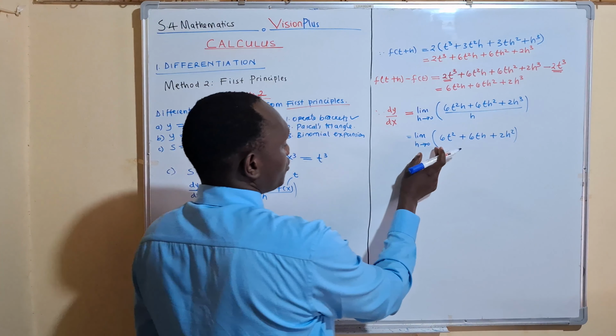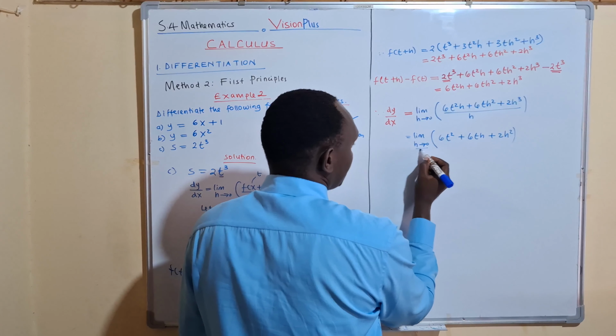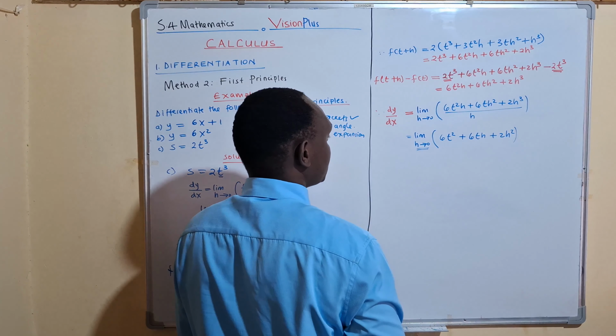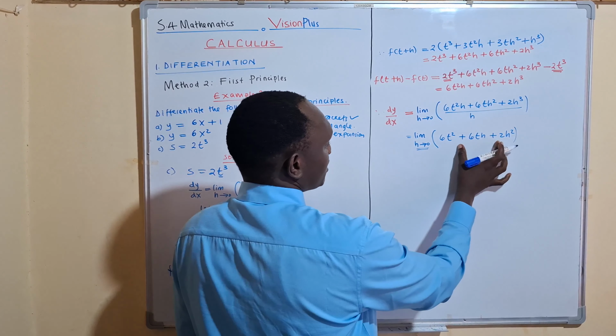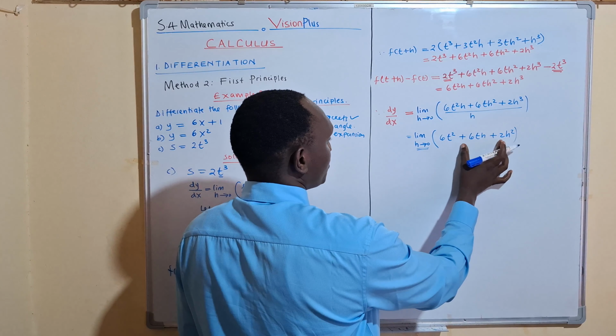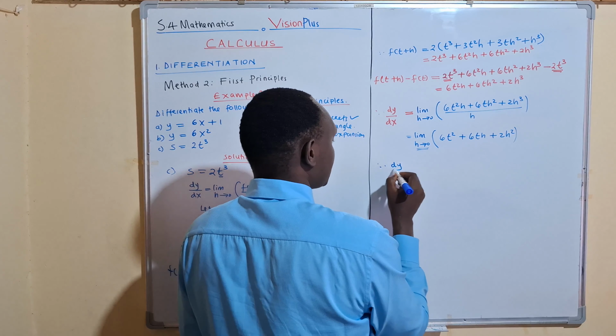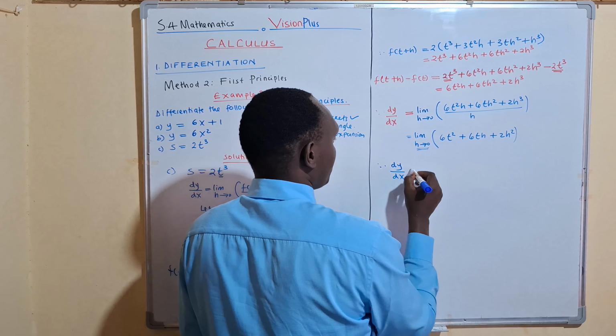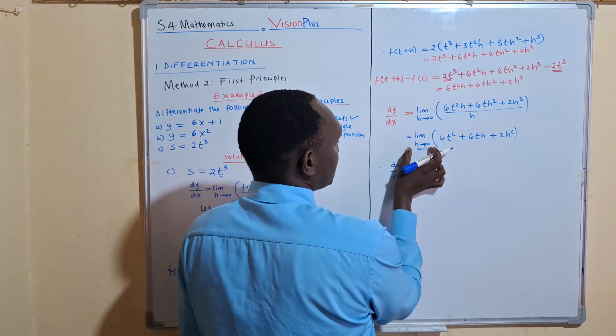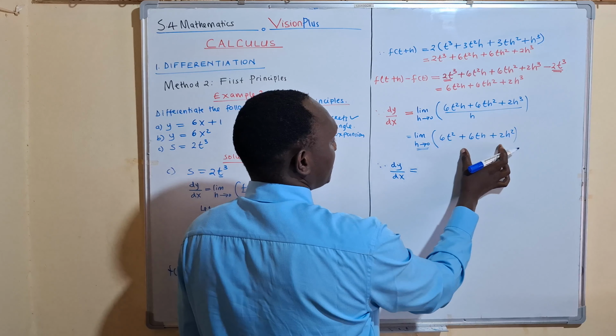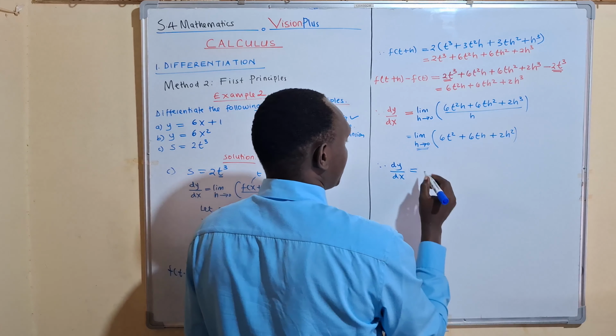Now, from here, what do we do? We consider the implication of h tends to 0. So in this expression we need to substitute h as 0. That now gives us our answer. dy/dx becomes, now you leave out the limit and it takes effect in the expression.